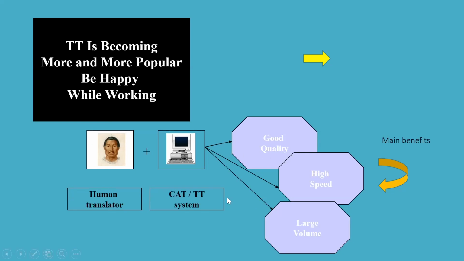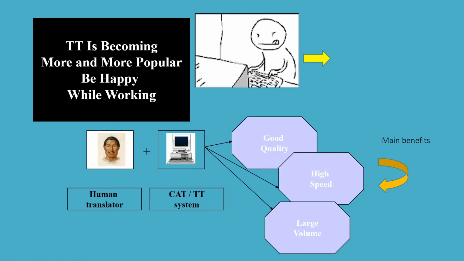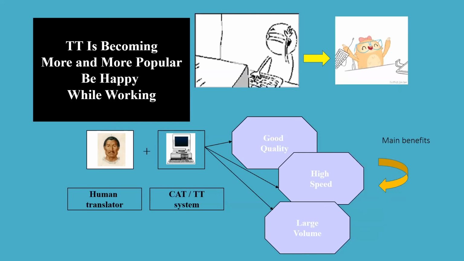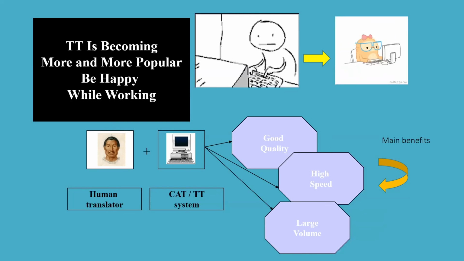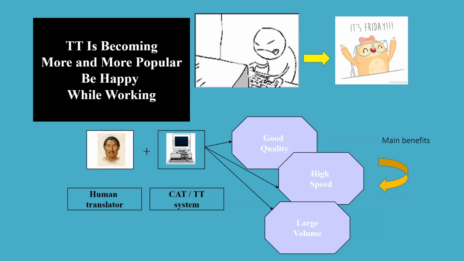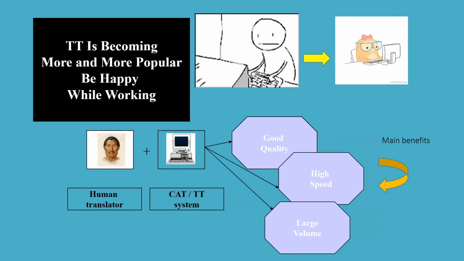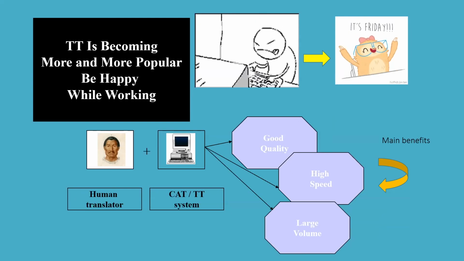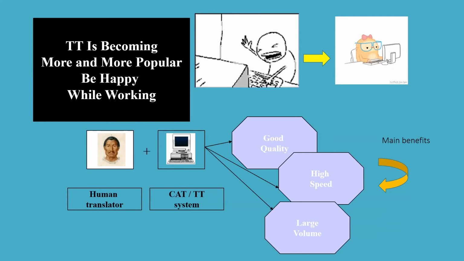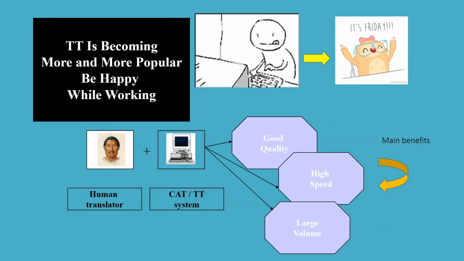So from this, we can see that with the collaboration of human translator and CAT system, we can guarantee good quality, high speed, and a large volume of our work. And so rather than feeling very frustrated, very tired, we can enjoy our work and feel happy.